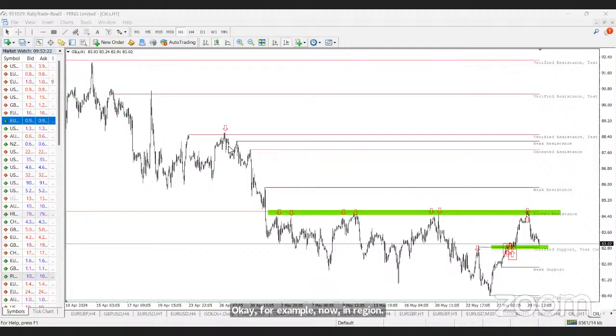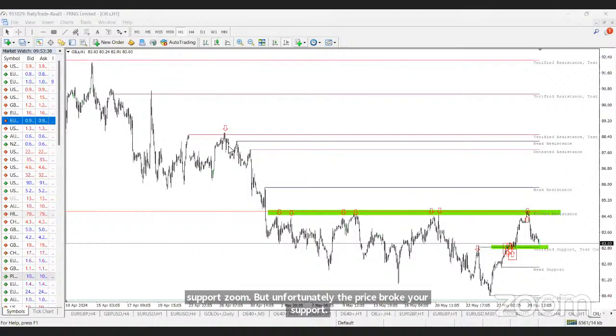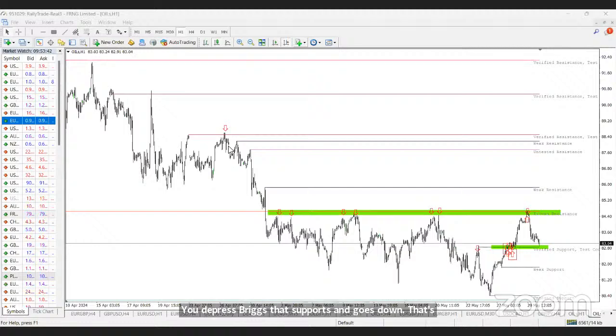If it's a turncoat support, what it means is that the price was expected to turn back and go up from a support zone. But unfortunately, the price broke the support. If the price breaks that support and goes down, that support will be marked turncoat support, which means it betrays the trust of price returning to the upside from that zone.